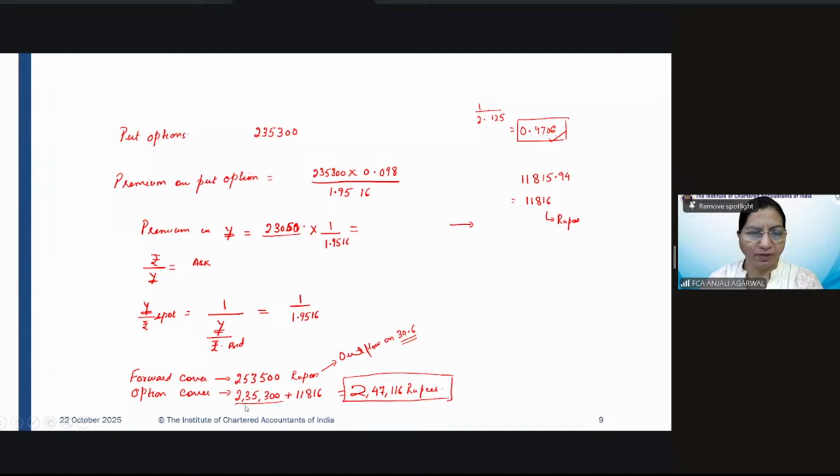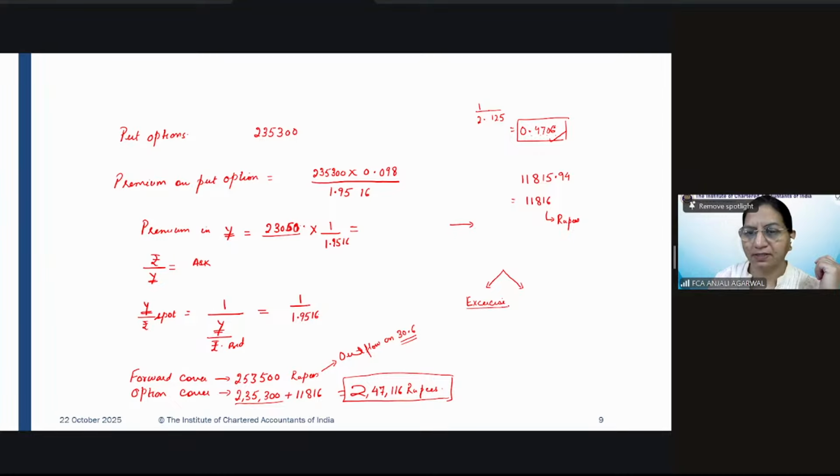The second problem under option is that 235,300 outflow will be on 30th June, whereas 11,816 is an outflow which is on 1st April. So that's an anomaly here. The option outflow will have two parts. One, when you exercise the option.